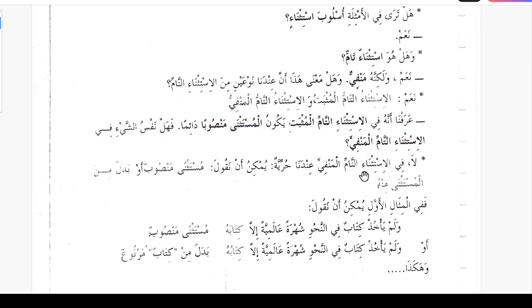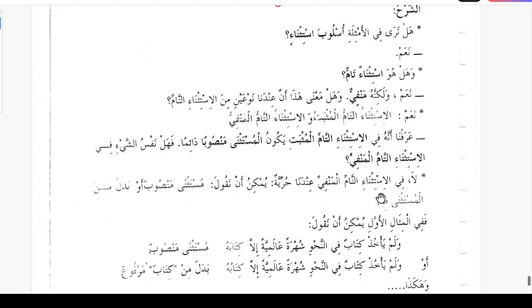In the case of istisna complete, that is negative manfi, we have hurriyatun, we have the freedom. Yumkinu an naqula, it is possible to say that we say mustasna mansub. So in these sentences, we can either make mustasna mansub or badlun minal mustasna minhu, or we can substitute it with the i'rab of mustasna minhu.